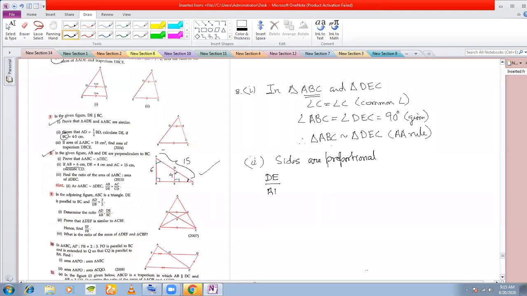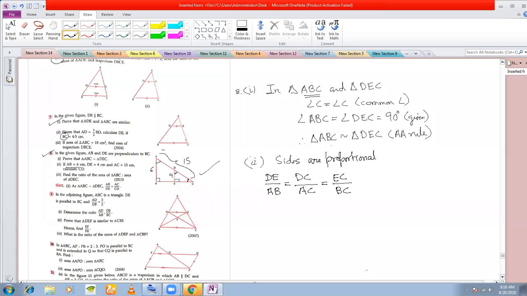Opposite to the blue 90 degree angle, you have the side DC and the side AC. And opposite to the green angle, you have the side EC and the side BC. These are the proportional sides.